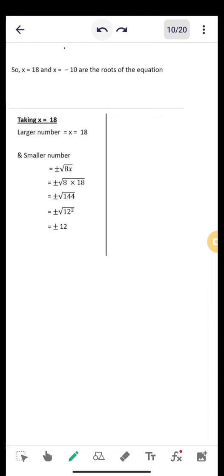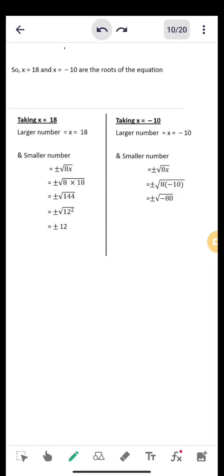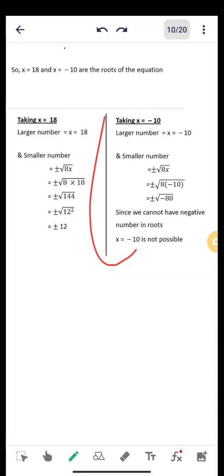The next one, if I take the larger number as minus 10, then 8 into minus 10 is minus 80. Root of minus 80 does not exist. Always remember this. So minus 10 is not possible here.